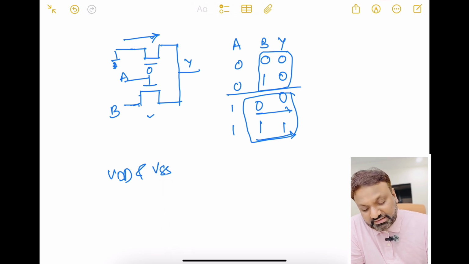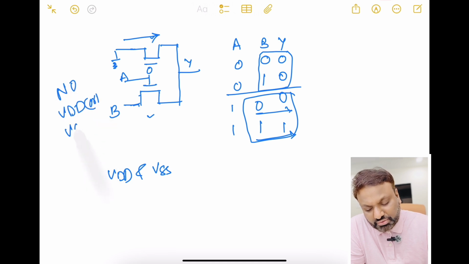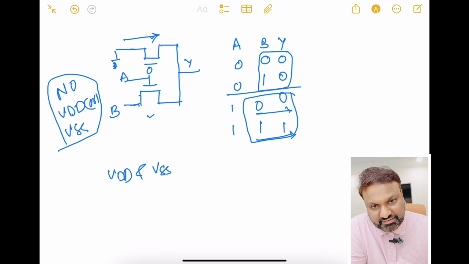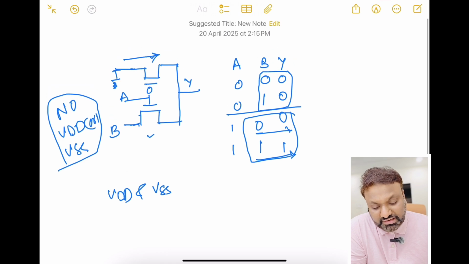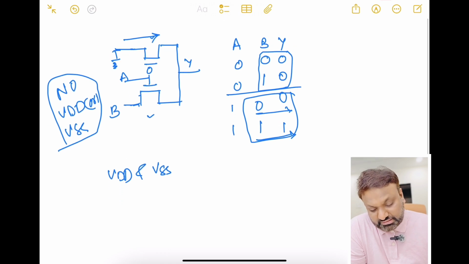Here in pass transistors there is no separate VDD or VSS given. Only by making use of the inputs, we will be constructing or implementing the logic gates here. So this is the implementation of an AND gate.